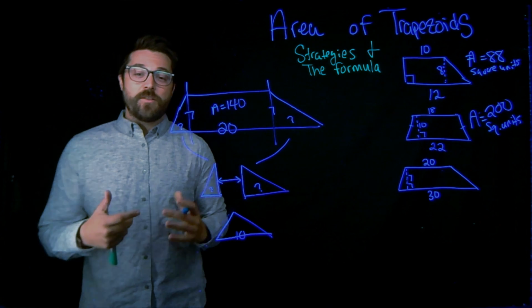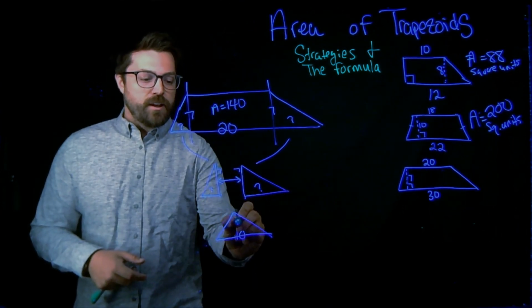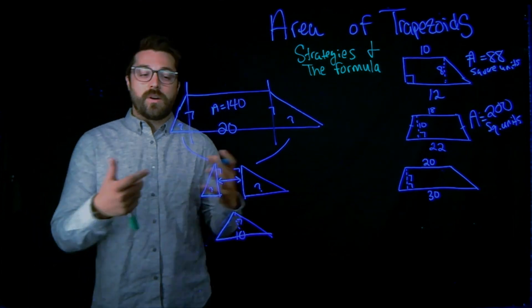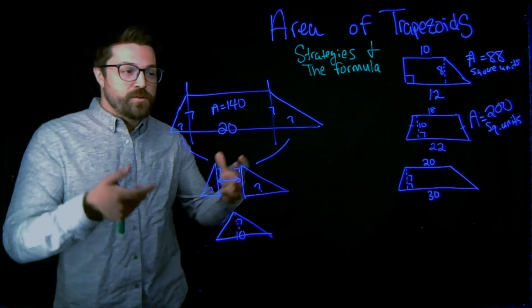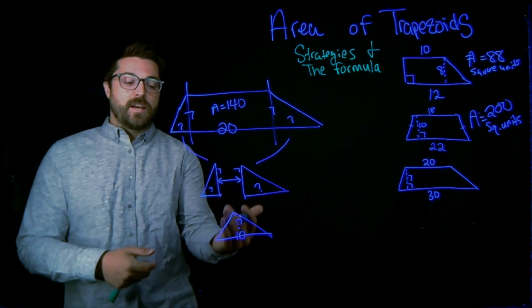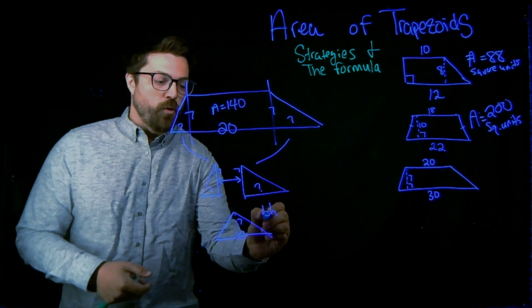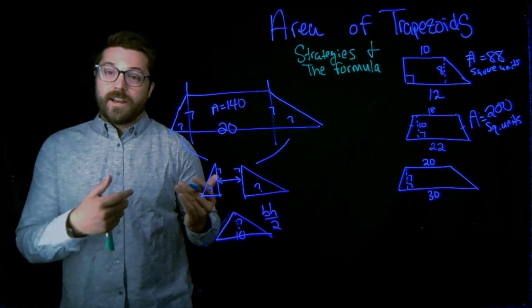And because together they're 10 and they both have the same height of 7, I can create a new triangle, either physically drawing it or just mentally thinking of a new triangle that has a base of 10 and a height of 7. And I again know the formula for finding the area of a triangle.